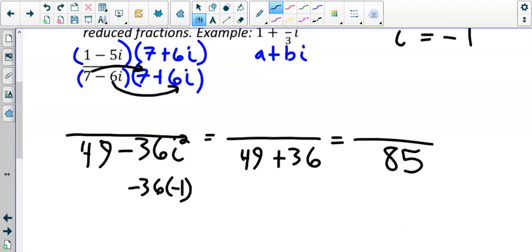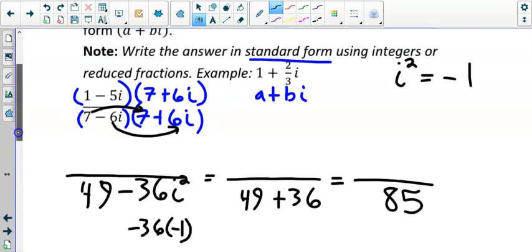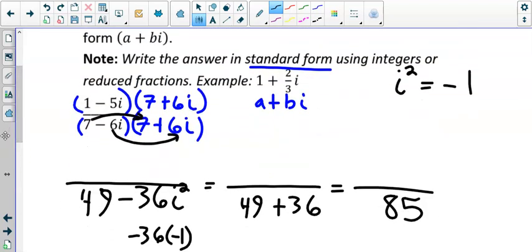Now we just got to go mess around with the numerator. Up here in the numerator, we actually do have to do the full FOIL: first, outer, inner, last, because these are not conjugates of each other. So what is 1 times 7? There's your first. What's 1 times 6i? There's your outer. What's negative 5i times 7? There's your inner.